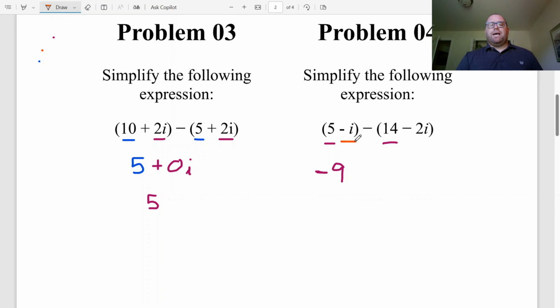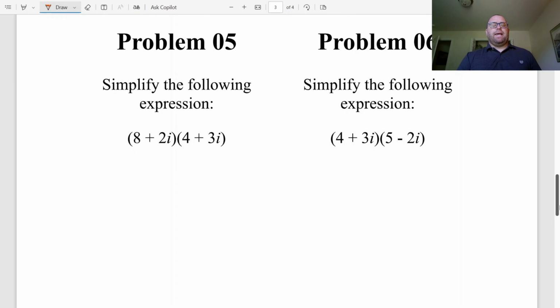So we have negative 1i, and we're taking away a negative 2i. So negative 1, and if we subtract negative 2 from that, it's like adding positive 2. So we get positive 1, and this is going to be a positive 1i, which I can just write as plus i. Okay, so that's subtracting.